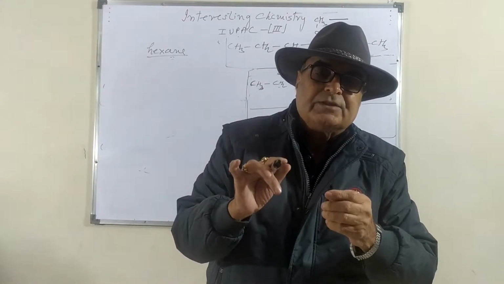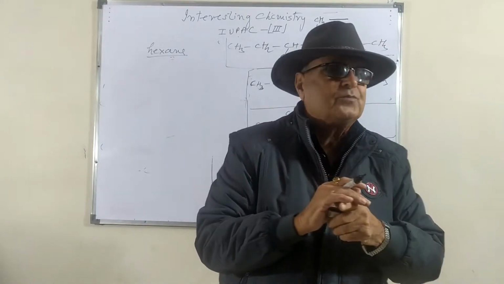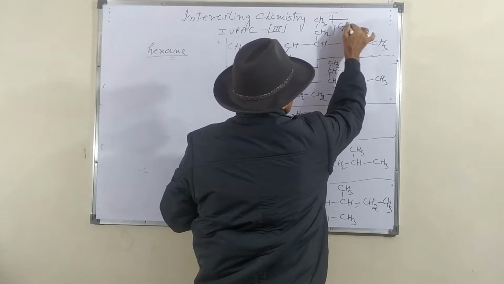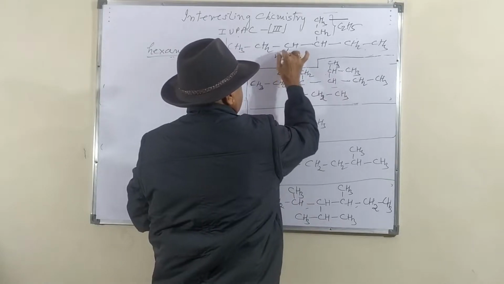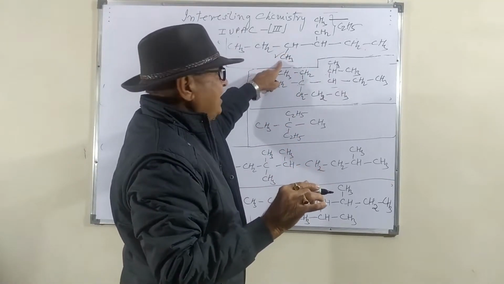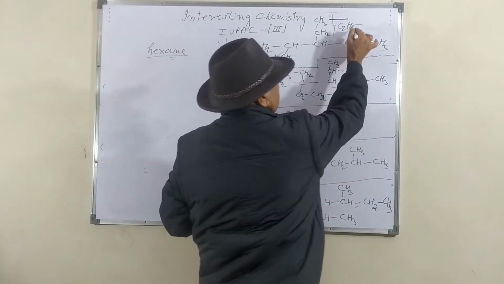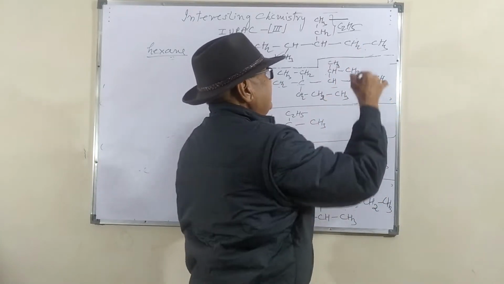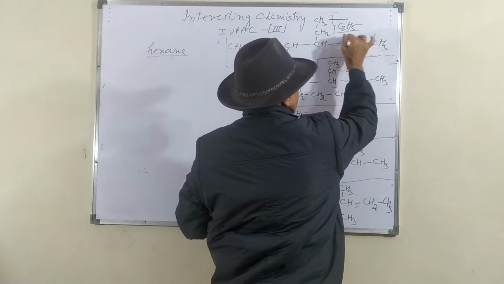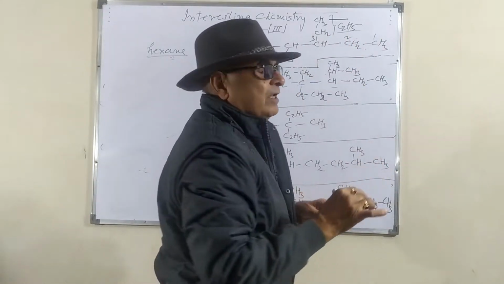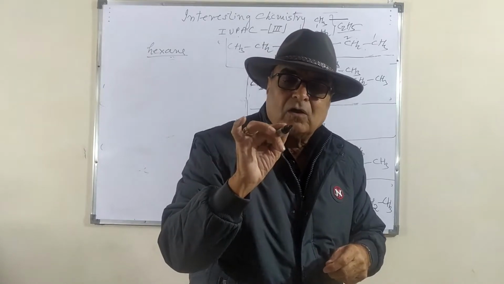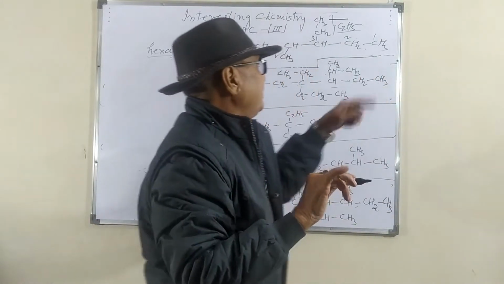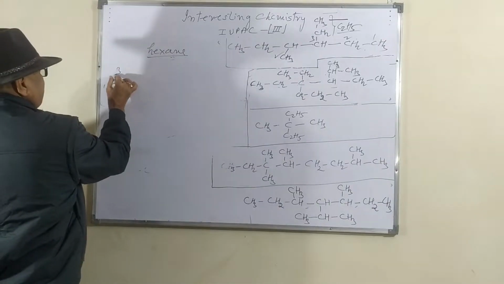Now on hexane there are two substituent groups. One is C2H5, which is called ethyl, and the other is CH3, which is called methyl. If you start from the right hand side, the ethyl group will be located on the third carbon, so it will be 3-ethyl.